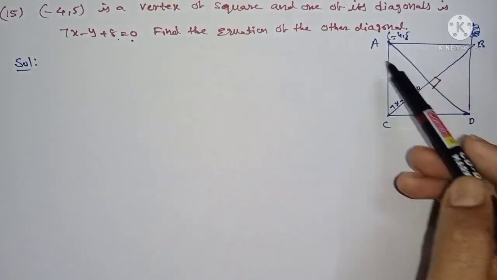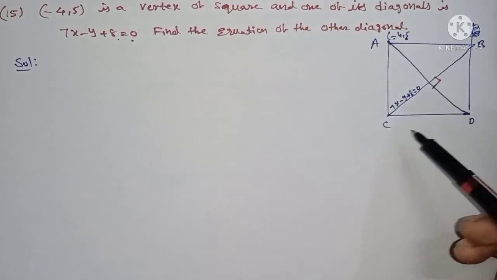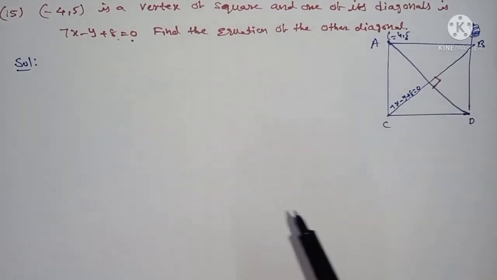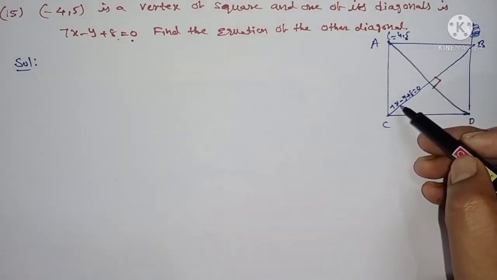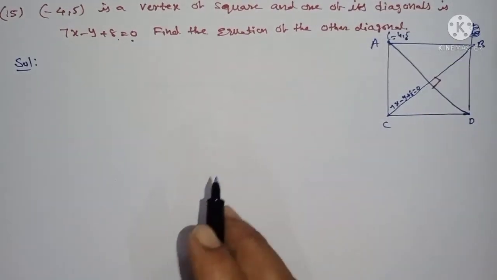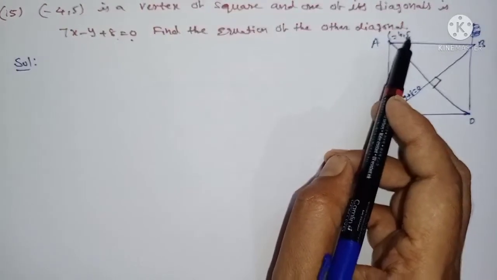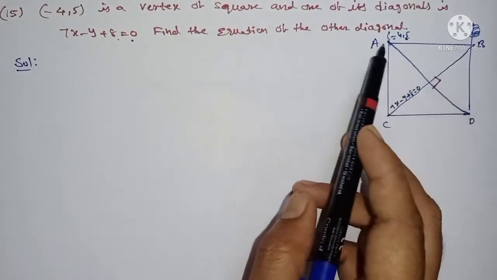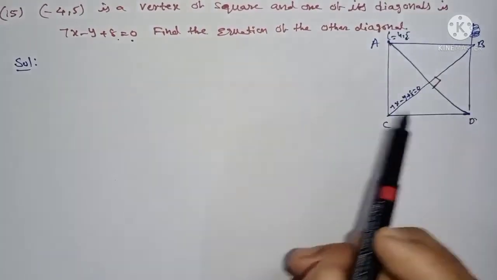Two diagonals are there here, AC and BD. Therefore, for the diagonal BD I am writing 7x minus y plus 8 is equal to 0, and one vertex is given, minus 4 comma 5. Then you can find the other diagonal, AC.